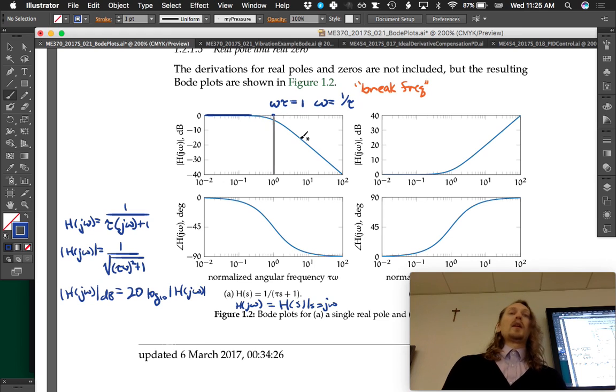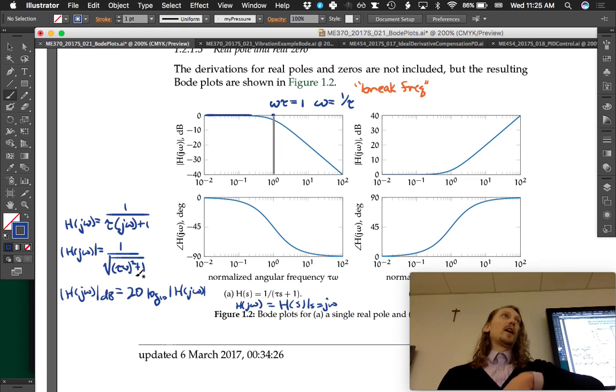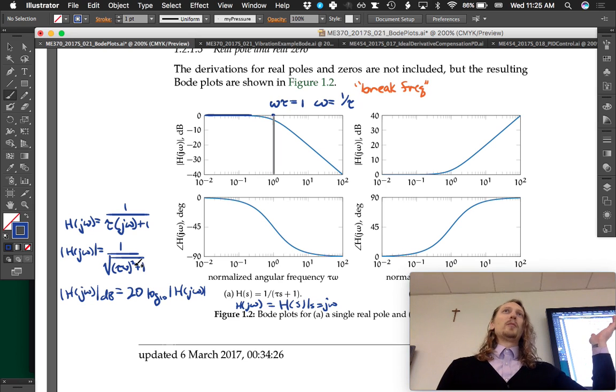And that's what this plot is. Like the 10 to the negative 2, 10 to the negative 1, 10 to the 0, those are the omegas you're evaluating at. Notice everywhere that omega shows up, tau shows up with it. So we could either plot this for a bunch of different taus versus omega, or we could just plot it versus tau omega, which is what we do.